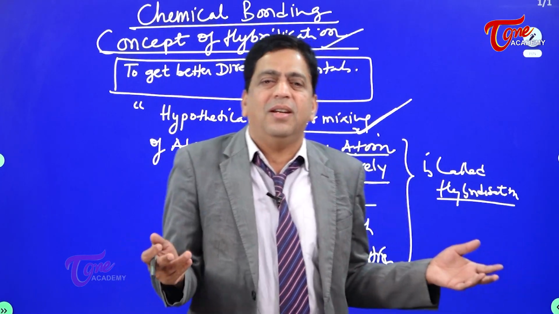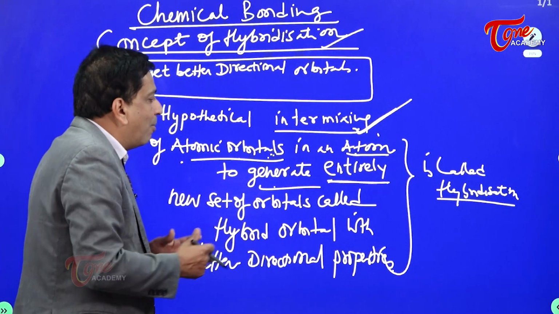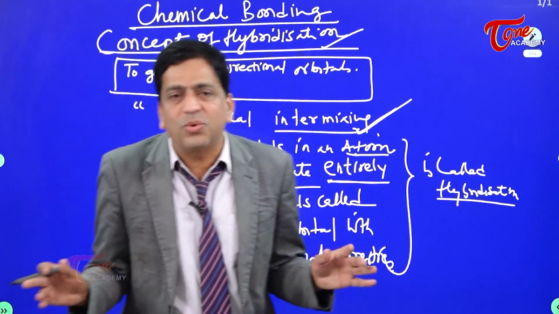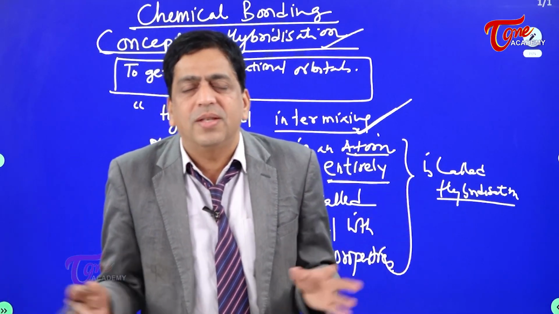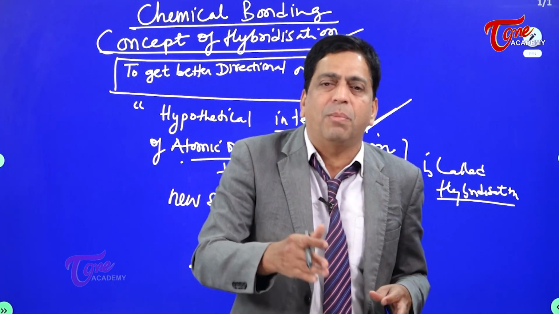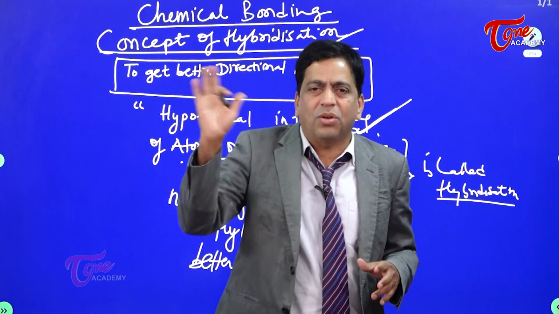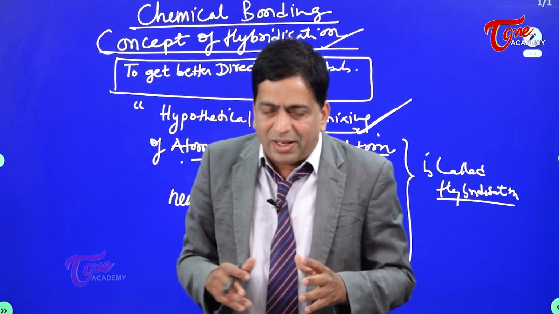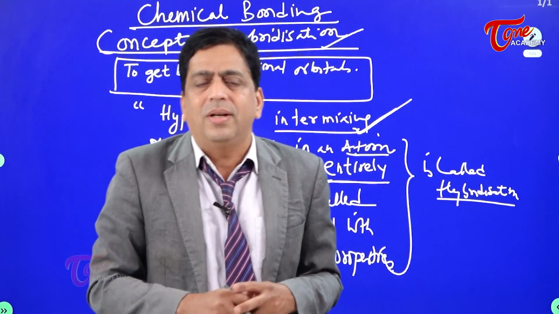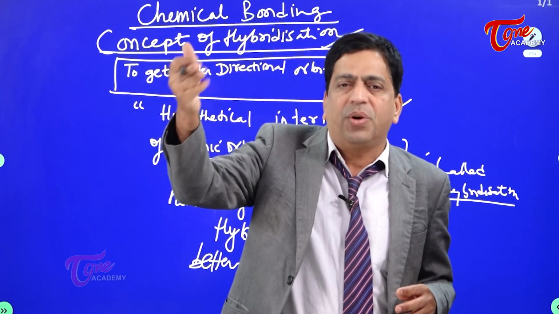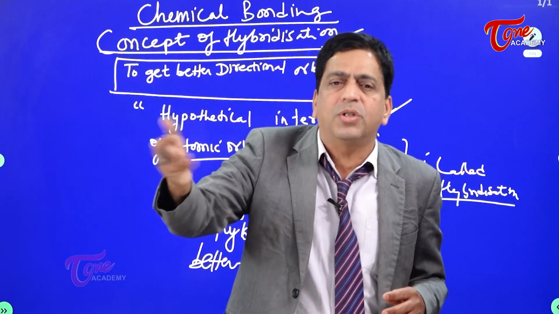So you must understand one critical point, which I have wanted to remind you every time: this concept of hybridization is not a method of preparation to prepare compounds. No, it's not a method. Compounds are already there. We are trying to place a theory which will reconcile the bond angles and the structures of the compounds which are already available.